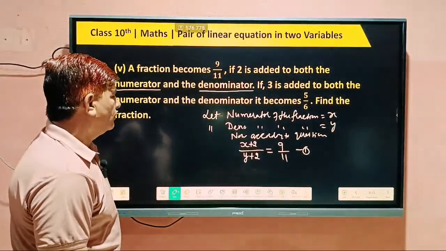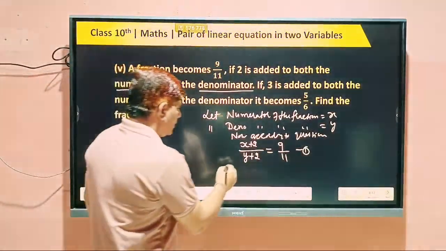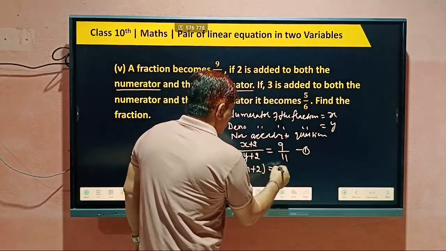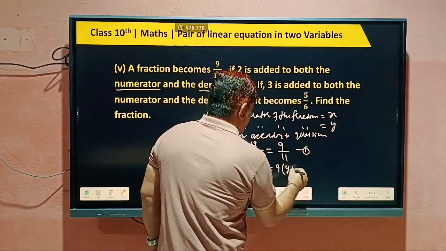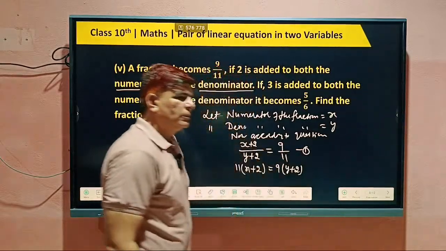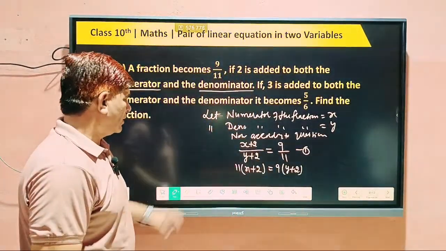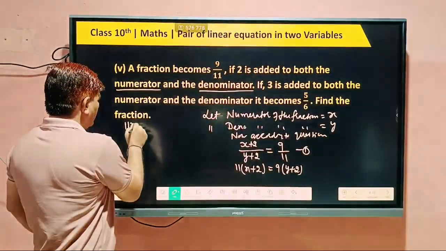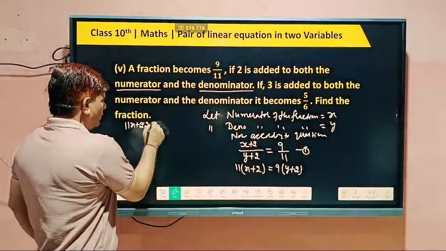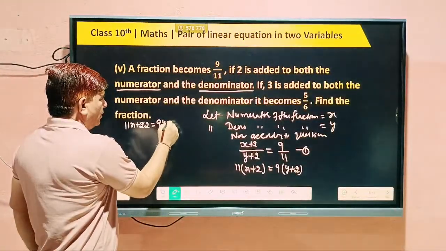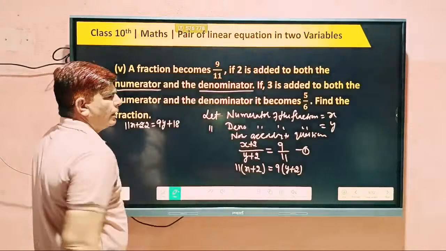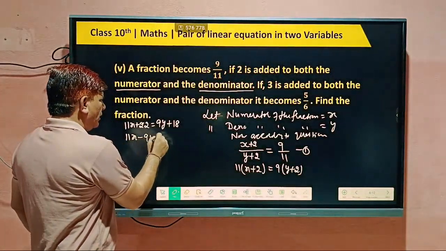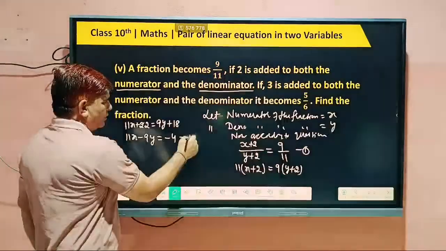So it becomes 11 into X plus 2 is equal to 9 into Y plus 2. Got it or not? So 11x plus 22 is equal to 9y plus 18. So we can say 11x minus 9y equal to minus 4.